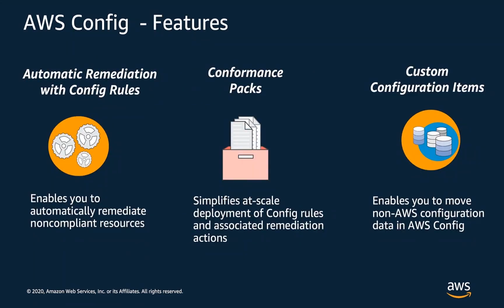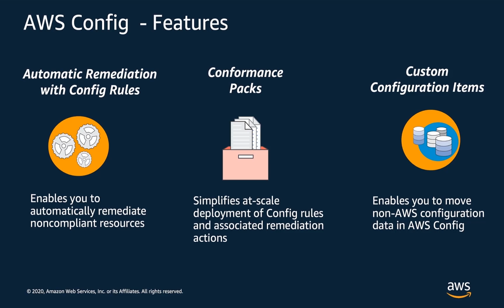Let's talk about some of the additional key features of AWS Config that can help you with these use cases. Primarily, we talked about recording configuration changes and setting up Config rules as part of what AWS Config offers. Config also has remediation with Config rules.